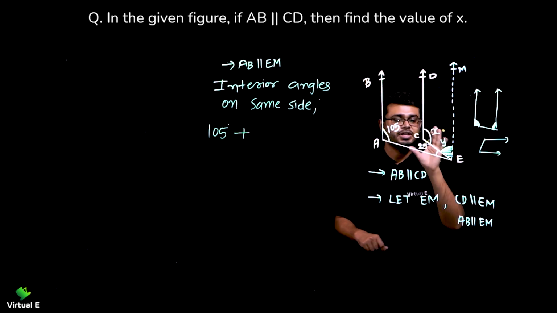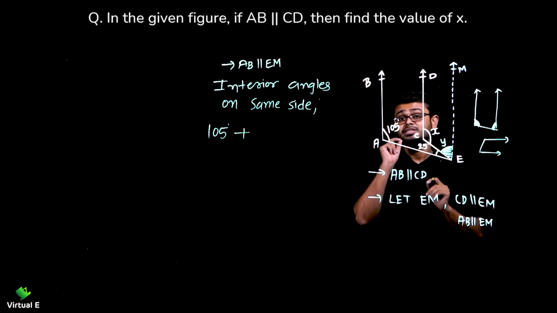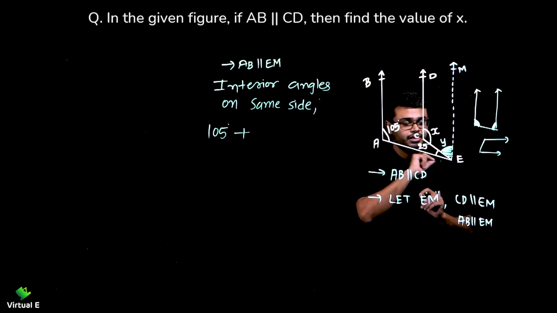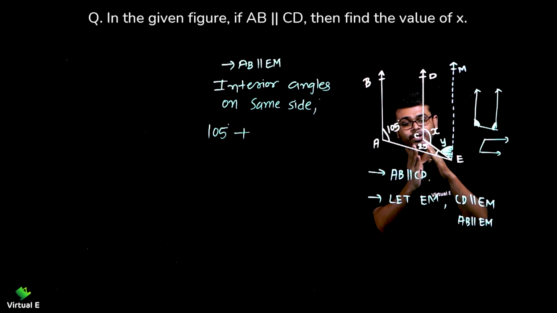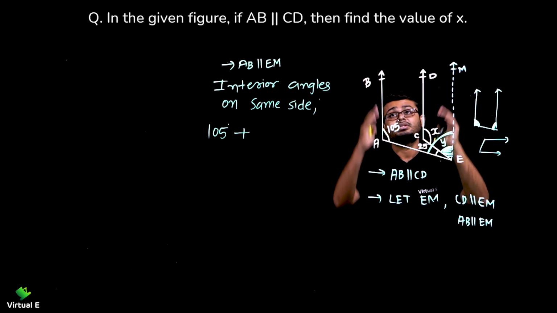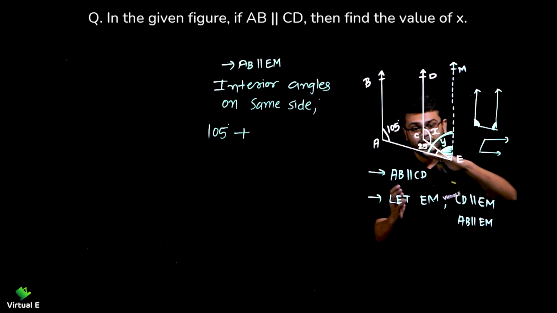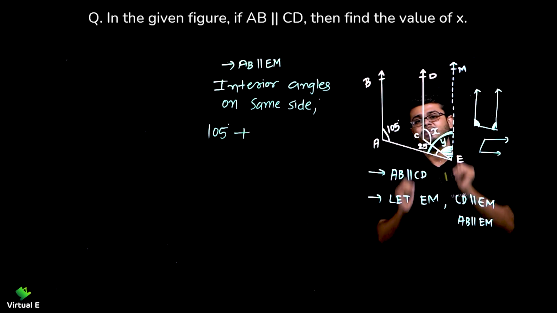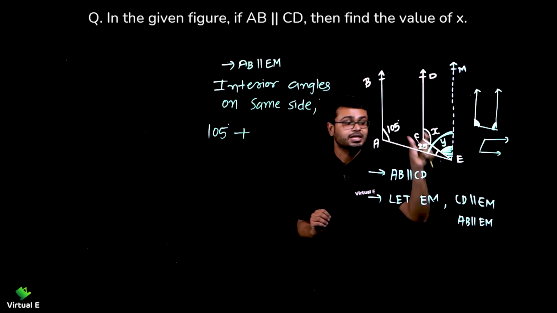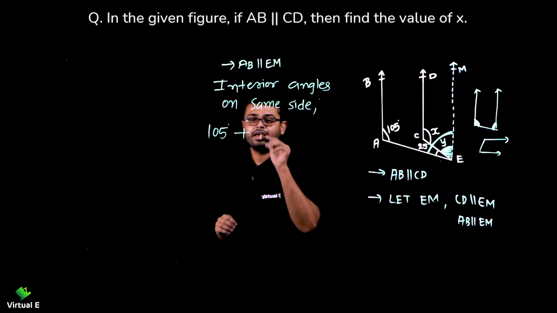Will I just write only 25 or only 5? Both of them are incorrect. I need to write 25 plus y because I'm interested in this complete angle. We need to take the common transversal. There is only one common transversal between these two lines, which is AE. So the angle I am supposed to take comprises 25 degrees along with y.